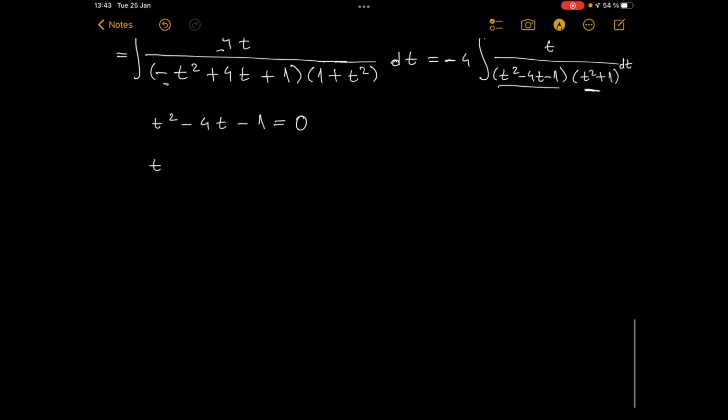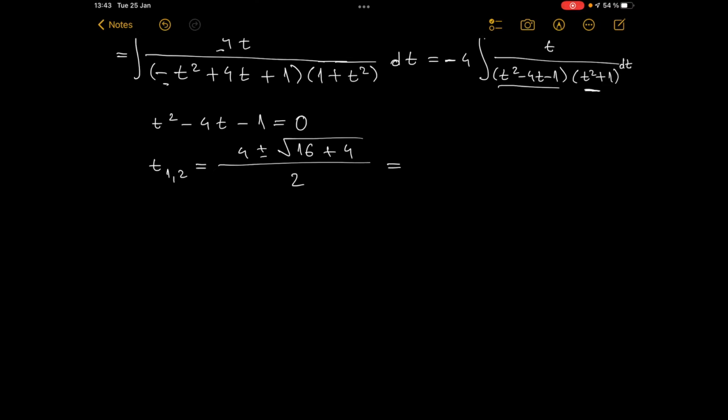So we solve this equation. t1,2 is equal to 4 plus or minus the square root of b squared, which is simply 16, plus 4, everything over 2.